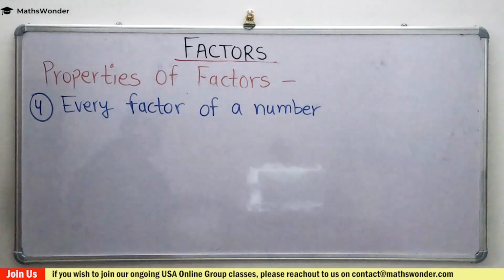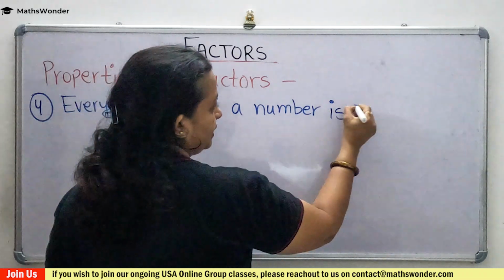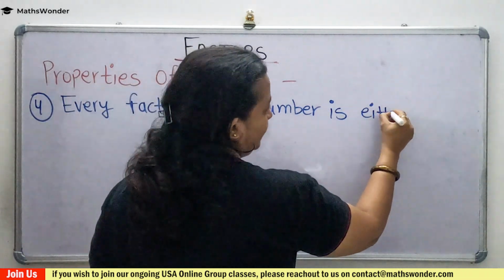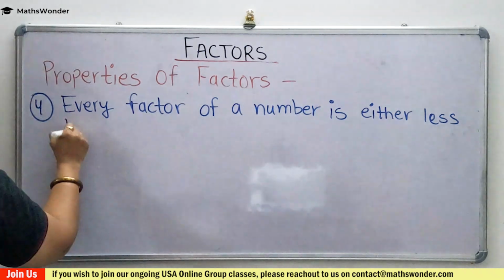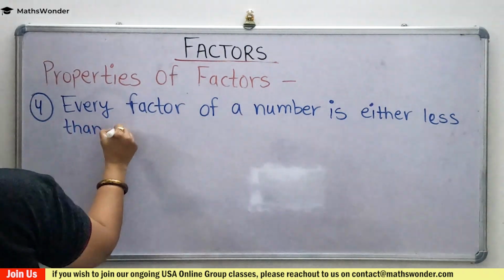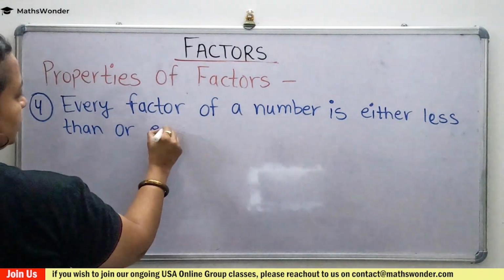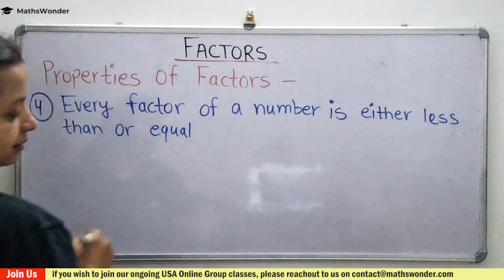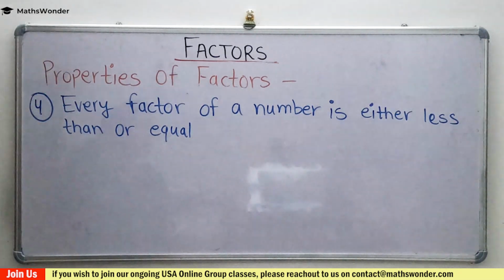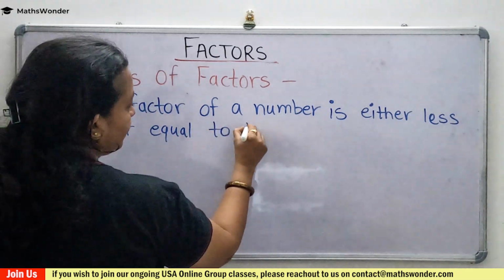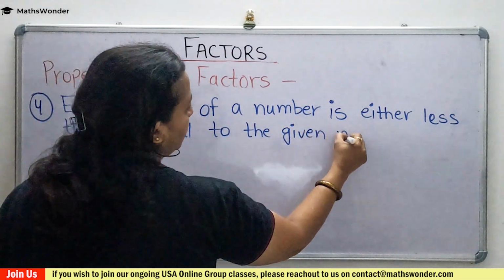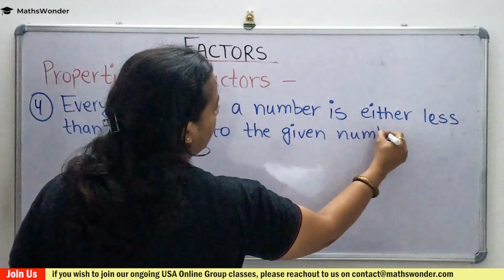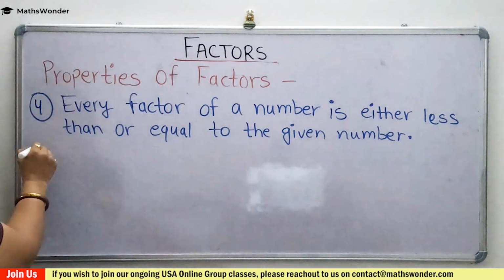So the fourth property is every factor of a number is either less than or equal to the given number. How? Take any example.